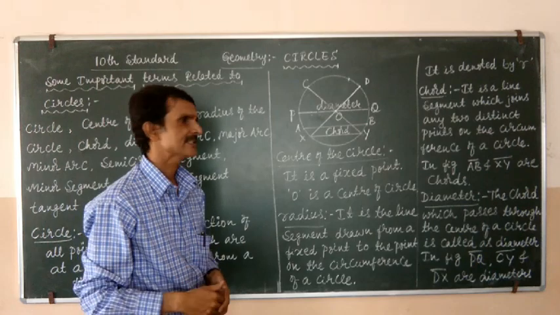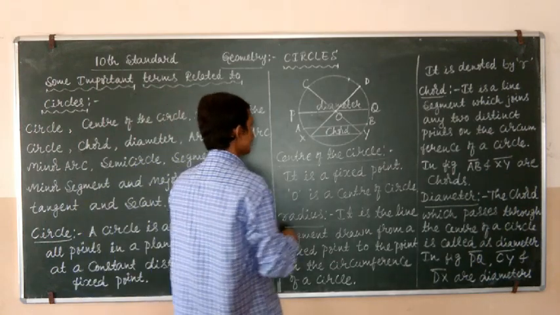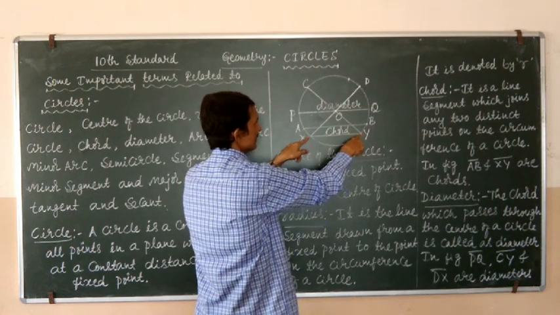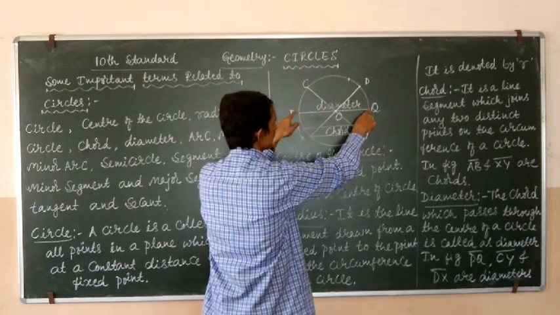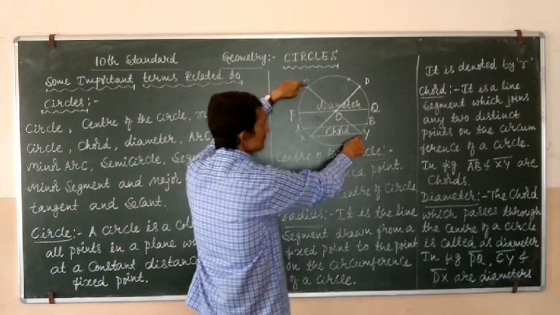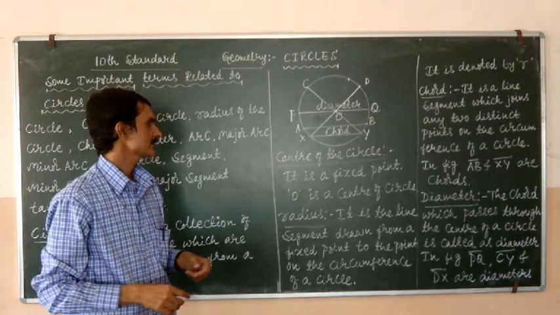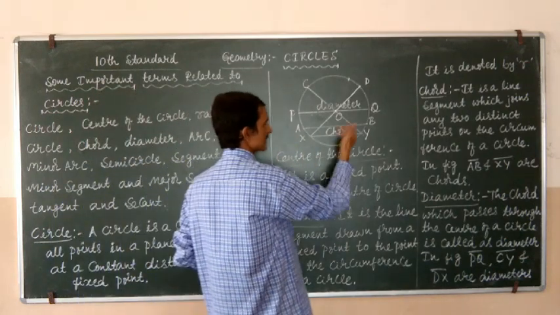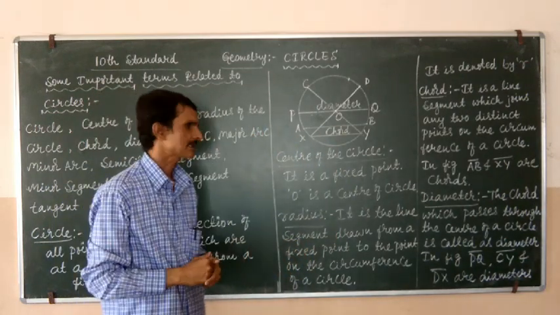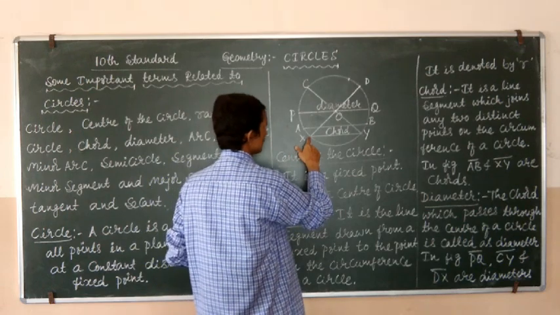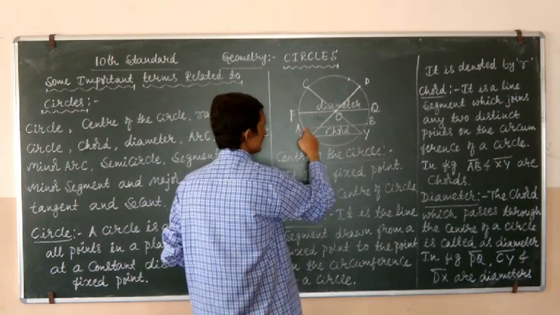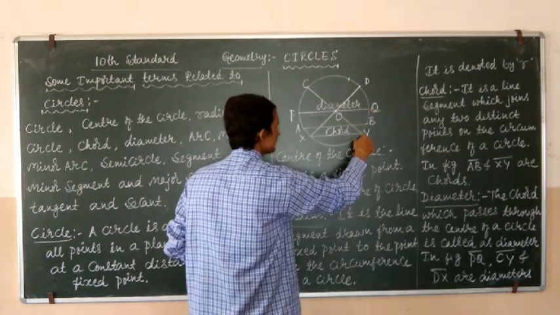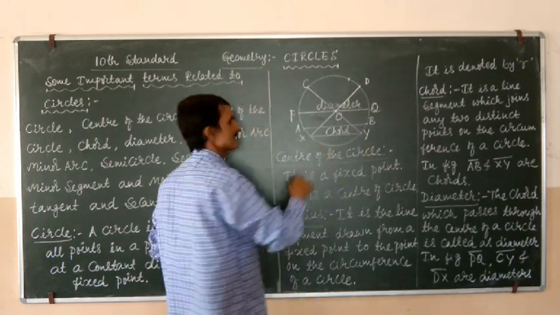So another term is chord. A chord is a line segment which joins any two points on the circumference of a circle. So in the diagram, XY is a chord, AB is a chord, PQ is a chord, CY is a chord, DX is a chord.